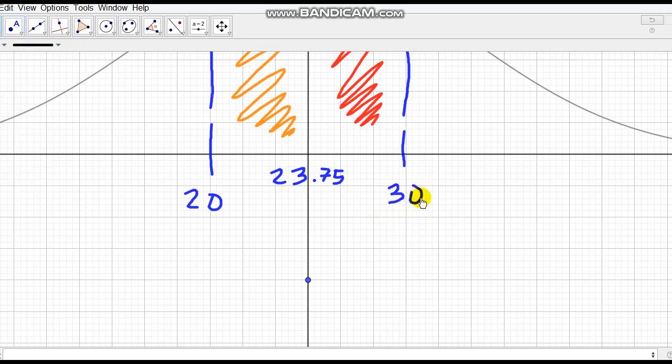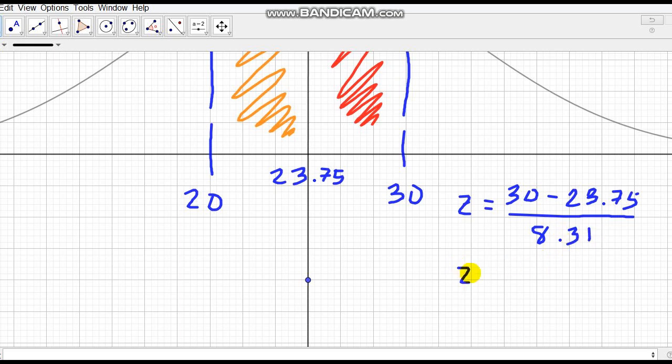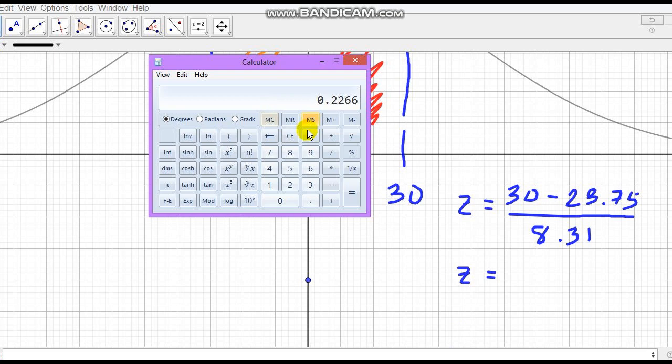So for 30, z is equal to 30 minus 23.75 divided by 8.31. So this is 0.75.